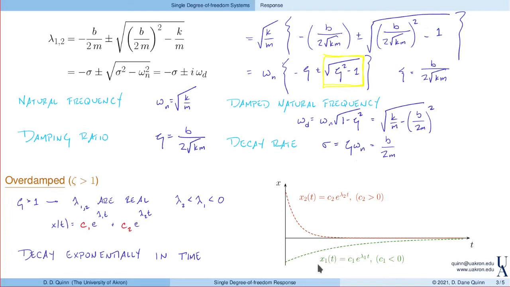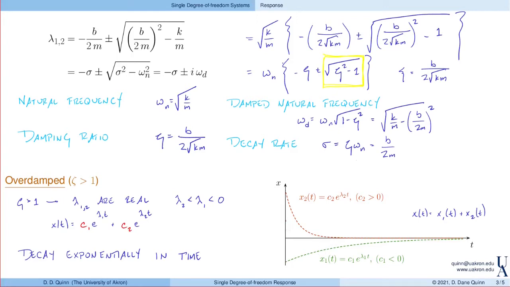Let's assume that x1 is in green and this second part is in red. Here I've chosen c1 to be negative and c2 to be positive. As a result, the general solution is the sum of these two things, so x is x1 plus x2. Again, we add these two together to get the overall response.